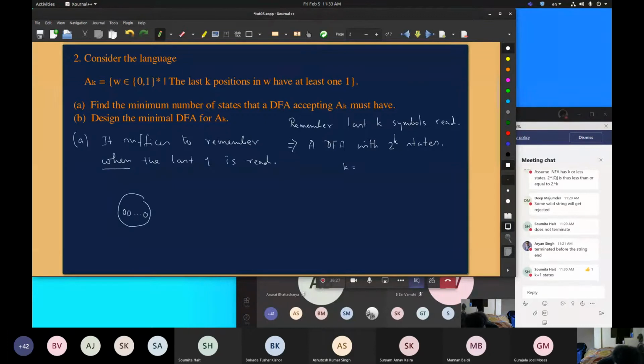This will illustrate it better. So 5 zeros. The machine has not read any one among the last five symbols. So this will not be an accept state, and this will also be a start state.